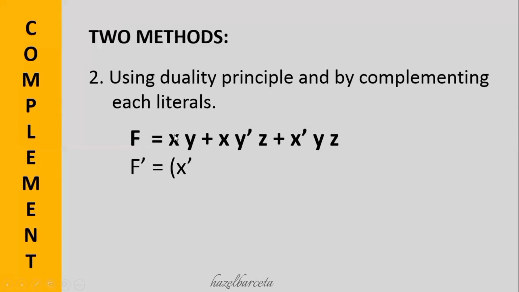So that is why, ang complement po ng ating x ay x prime. Then we have here, the multiplication, gagawin po natin siyang plus. Then copy y, yung complement ni y, which is equal to y prime. So, ganyan po ang ating gagawin sa lahat. Yun po ang ibig sabihin ng using duality principle and complementing each literals.